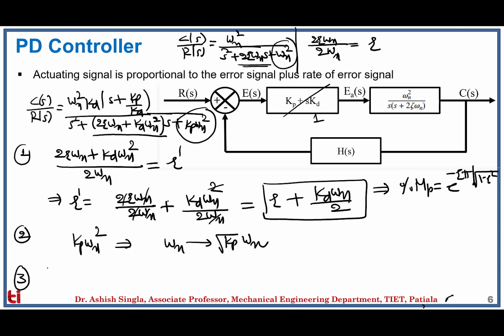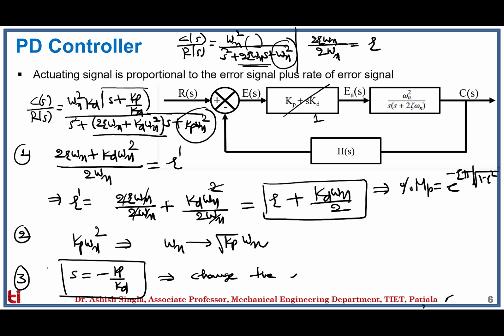That 0 is at s equal to minus kp by kd. Earlier, you can see there is no s term in the numerator polynomial of the original plant. Now this term will introduce a 0 in the left half plane, which will change the response of the system. So hence we can see, using a PD controller, there are three changes.